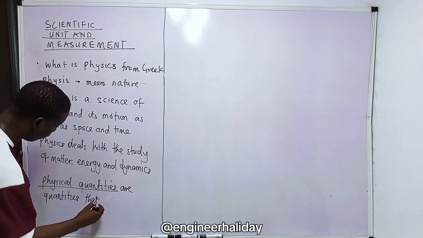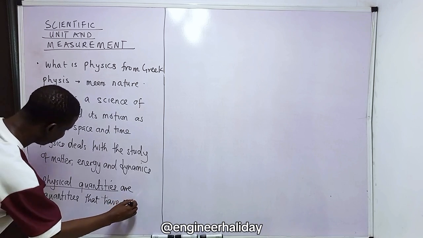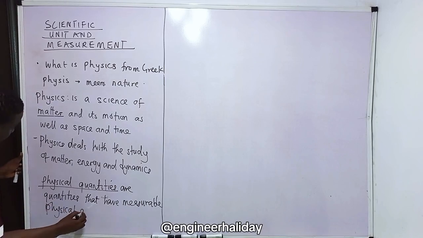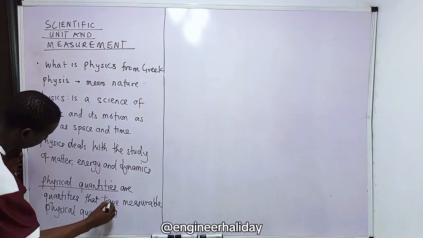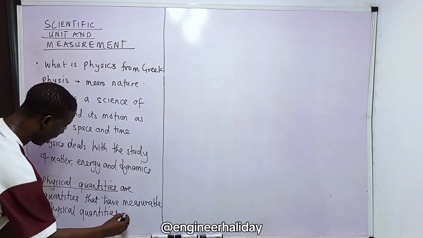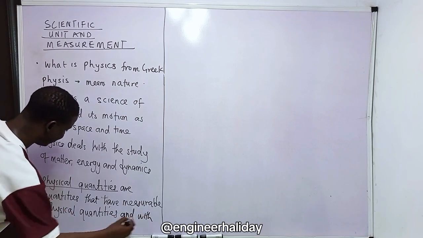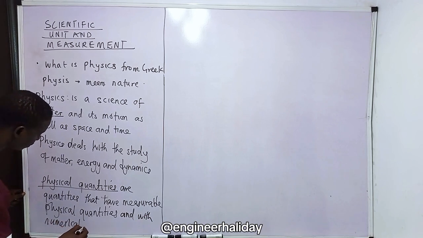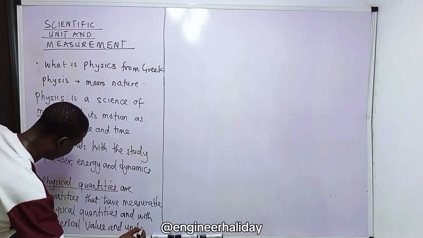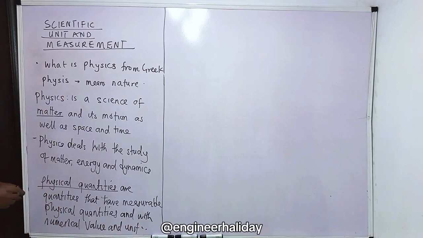Physical quantities are quantities that are measurable, with numerical values and units. So physical quantities are measurable quantities with numerical values and units.